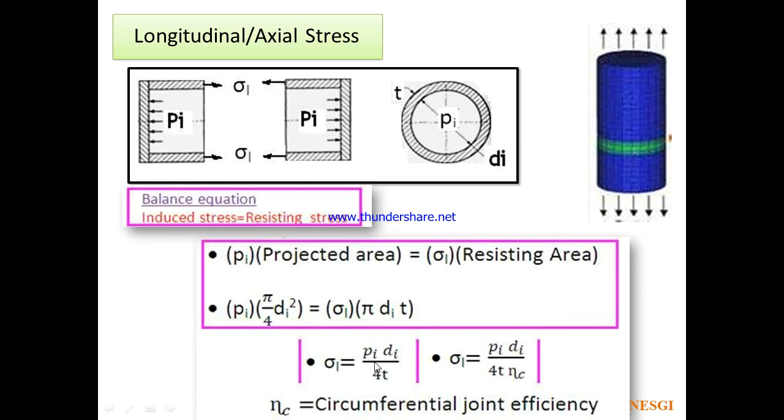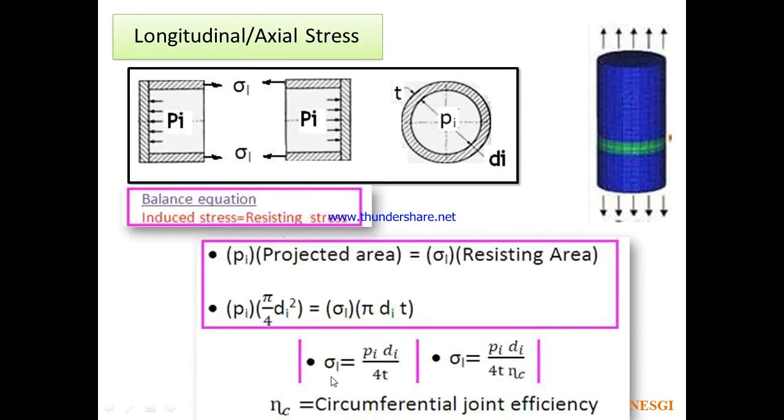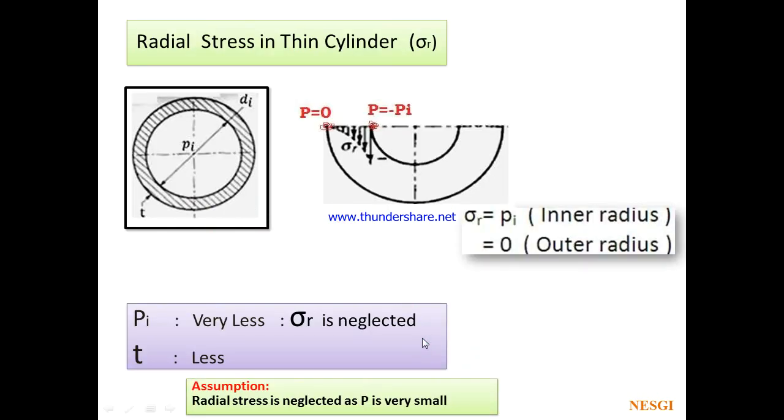Longitudinal stress is Pi into Di by 4t, but tangential stress is Pi into Di by 2t. So sigma T is more than sigma L; sigma T is 2 times sigma L.